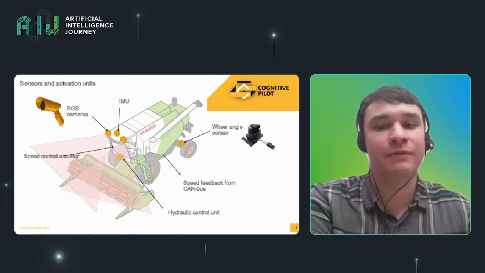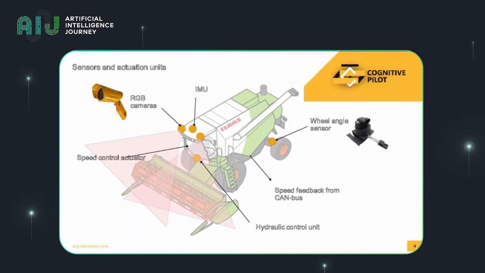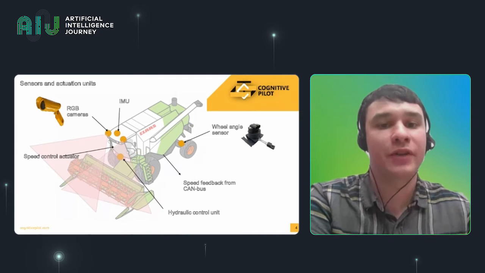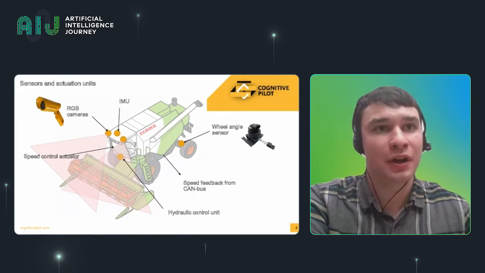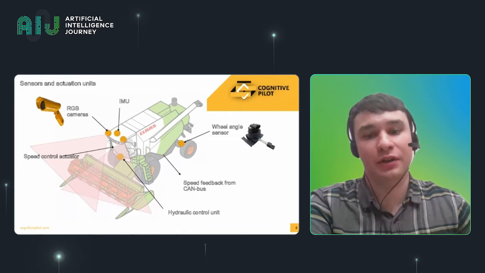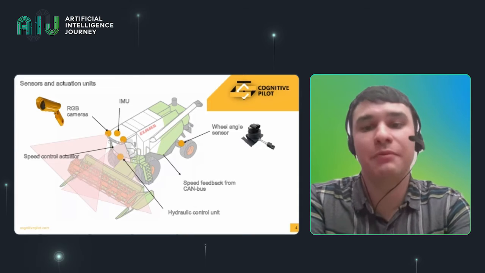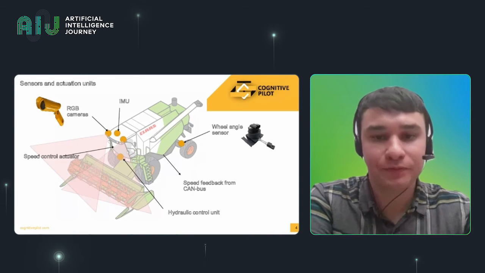So we also have wheel angle sensor and receiving the speed of the vehicle from the CAN bus to calculate the odometry to get the information about the position of the vehicle between the camera frames. And also we have the inertial measurement unit to increase the accuracy of the positioning of the camera between the frames.